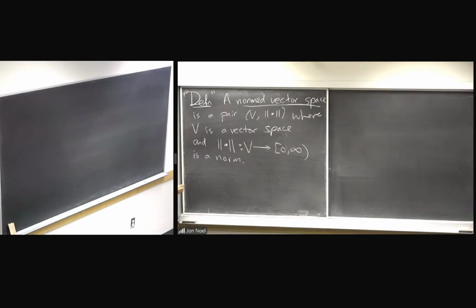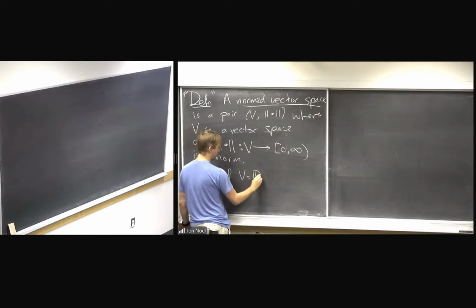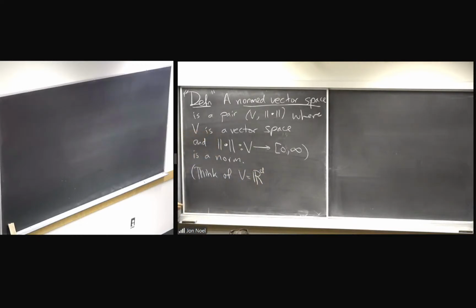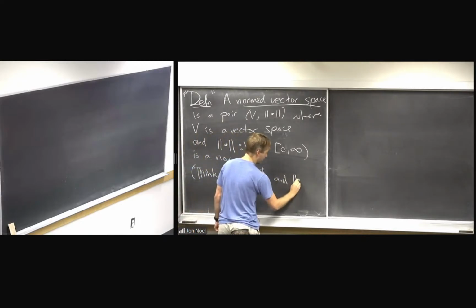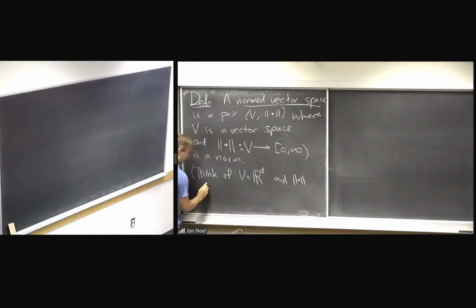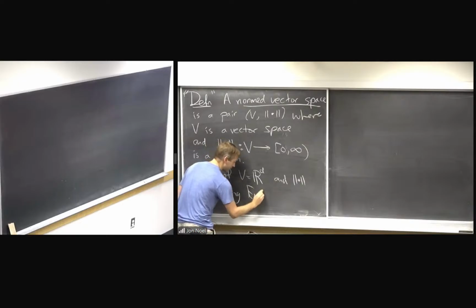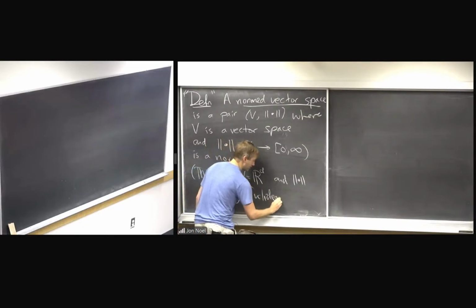For all intents and purposes, you can think of V as being the d-dimensional real space and this norm as being the Euclidean norm.